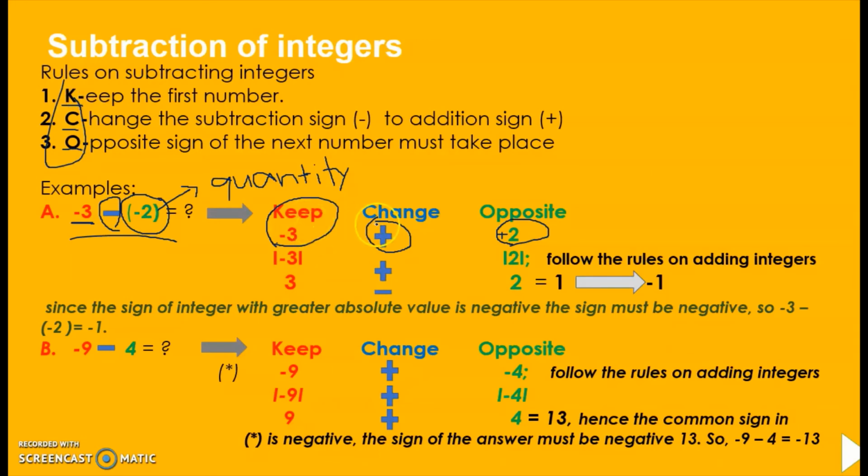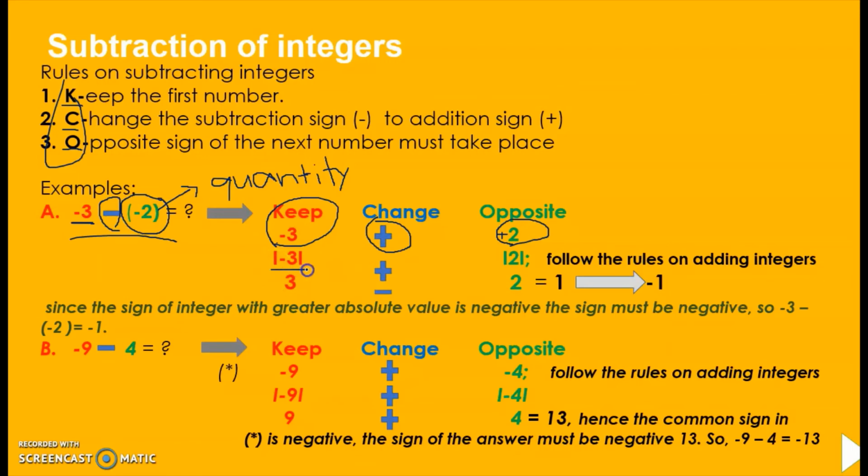So keep, change, opposite. Negative 3 plus, instead of subtraction it must be a plus sign, and instead of negative 2 it would be positive 2. So in here, as I would say, it is just the same as adding integers.